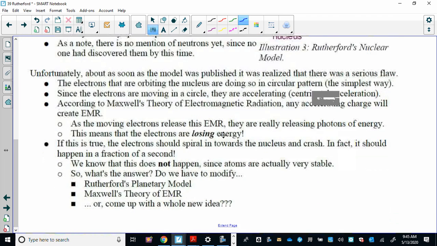It was extremely innovative, except for some things that had to be worked out. These were the shortcomings of the planetary model. If you've got electrons orbiting a nucleus, then they are by definition accelerating. Any accelerating charge will create EMR.